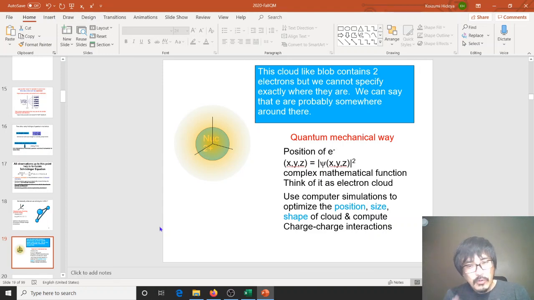If you square the orbital and take the absolute value of it, you can figure out the probability of finding the electron at that spot. So the square of the orbital gives you the probability of finding the electron at that position.